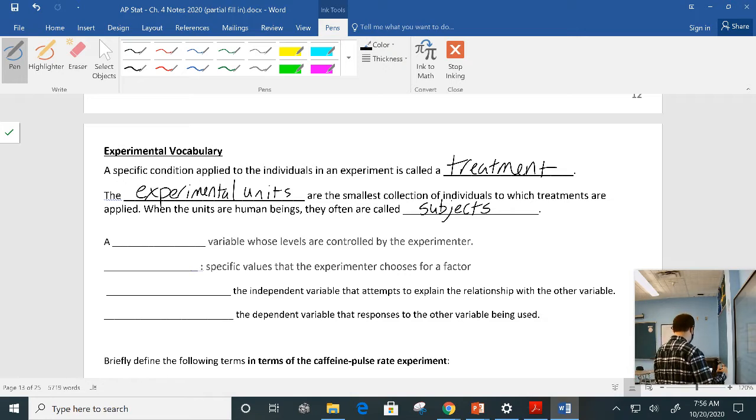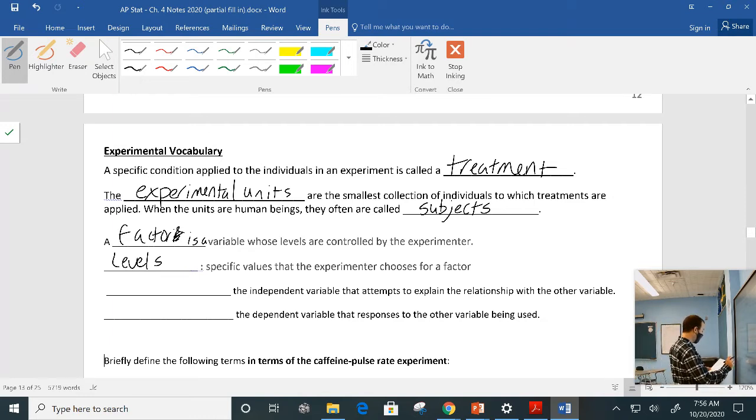A factor is a variable whose levels are controlled by the experimenter. The levels are the specific values that the experimenter chooses for a factor.